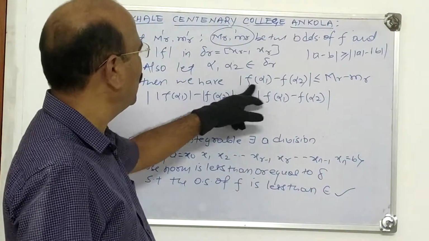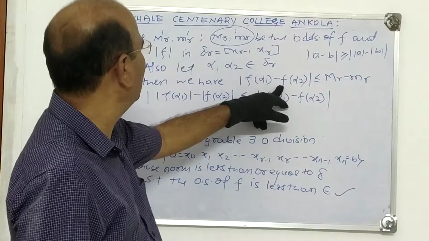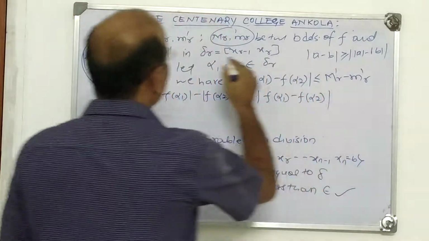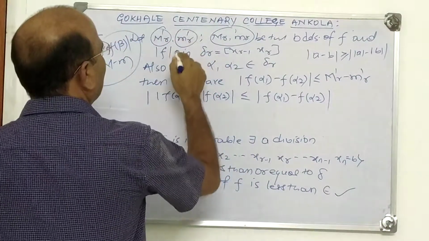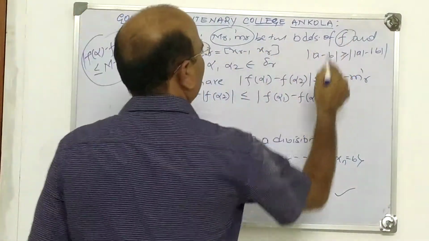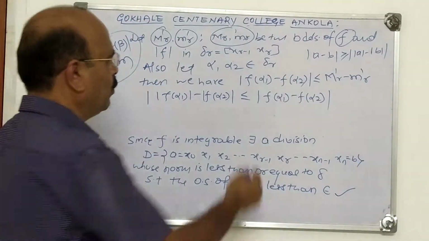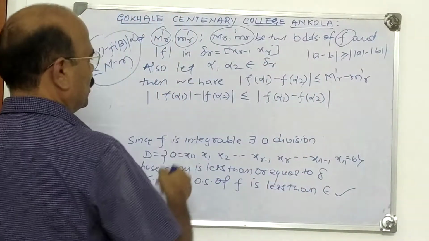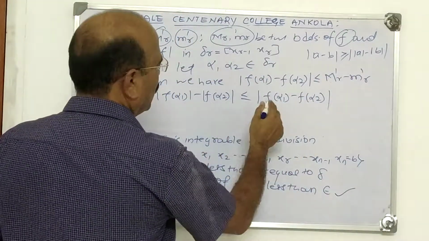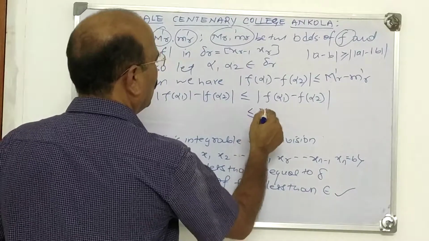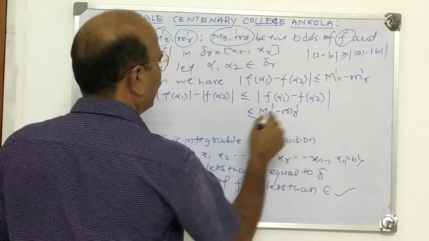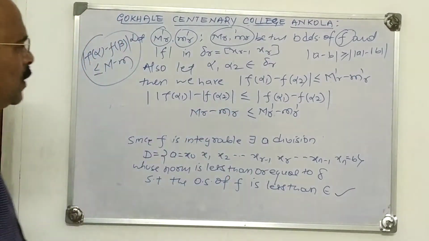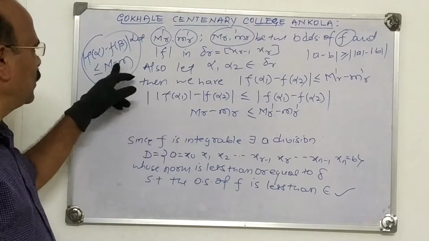Mod f of alpha 1 minus f of alpha 2 is less than or equal to Mr dash minus mr dash, because Mr dash and mr dash are the bounds of f. Therefore, by the lemma, capital Mr dash minus small mr dash is greater than or equal to this, which is Mr minus mr. We have used this lemma here.